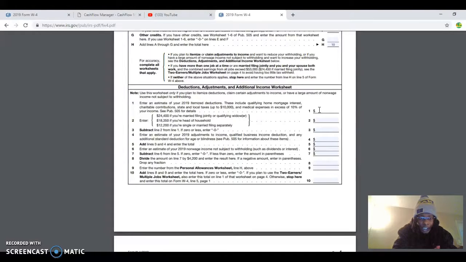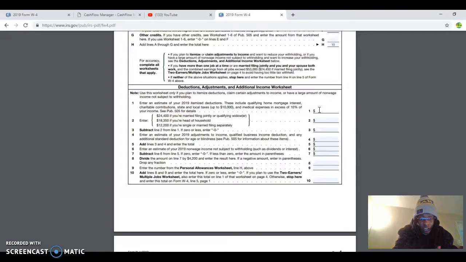But number one says enter an estimate of your 2019 itemized deductions. This includes the qualifying home mortgage interest, charitable contributions, state and local tax, medical expenses. Okay, standard deduction for everybody is right here. If you're married filing jointly, it'd be 24,400.